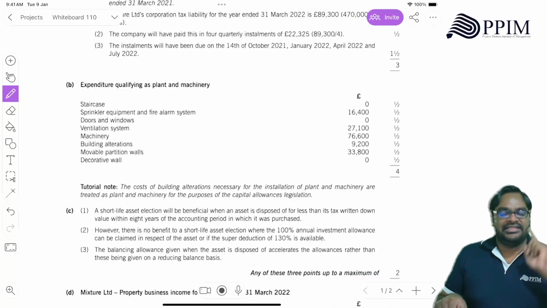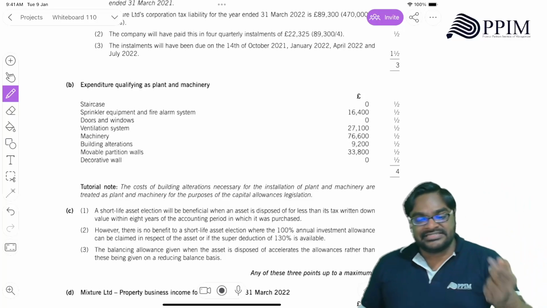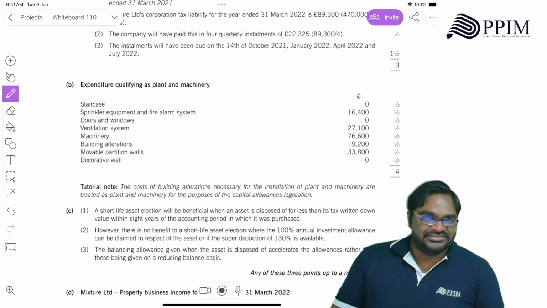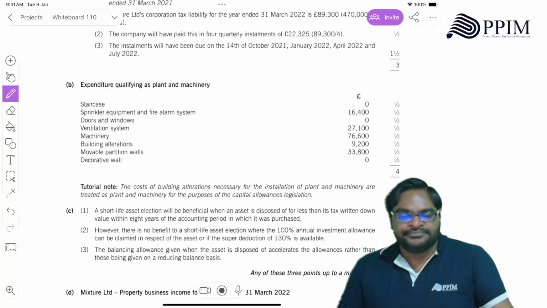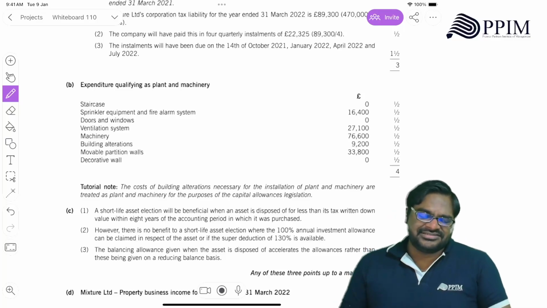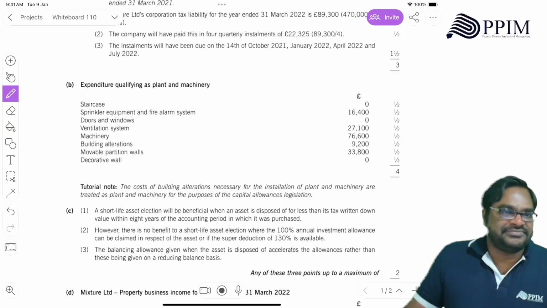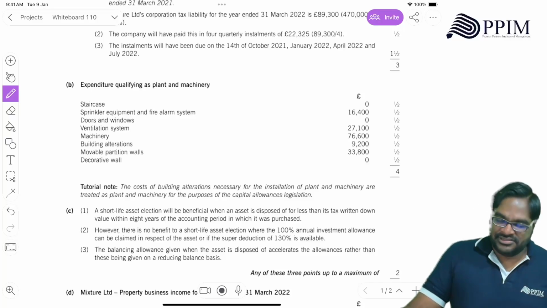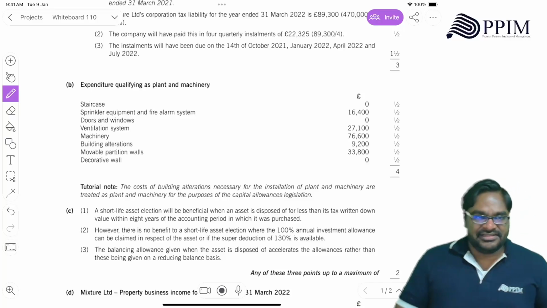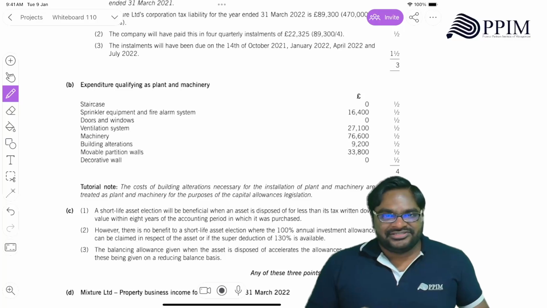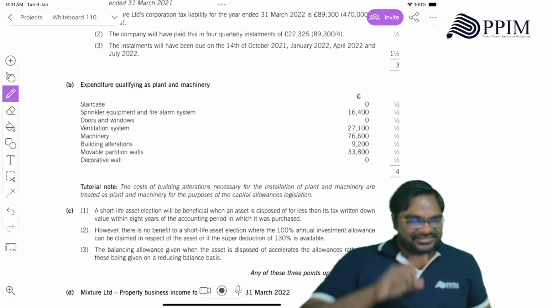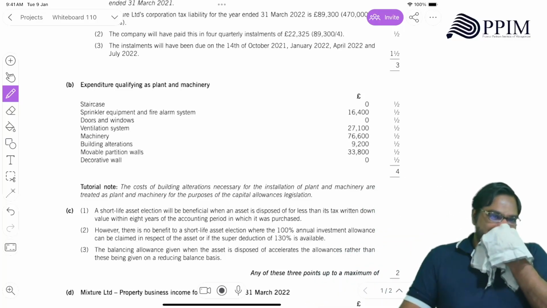So if the alteration is done to install a machine, then we have to consider it. So I put it under machinery in both the books. That's also fine. But again, I suggest going separately. Because of the installation of the machine, true, but separately they have given it, no? So whatever they have separately given, keep separately. You okay?